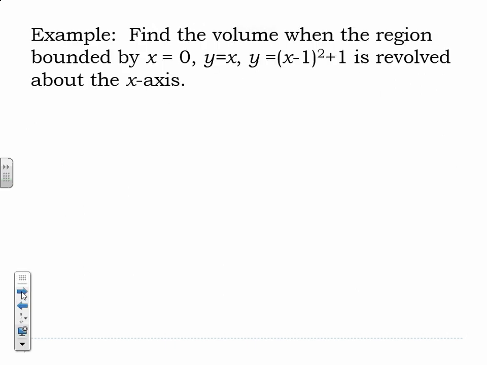So go ahead and write down any information you need to about this example right here. Go ahead and start working on a picture for me.